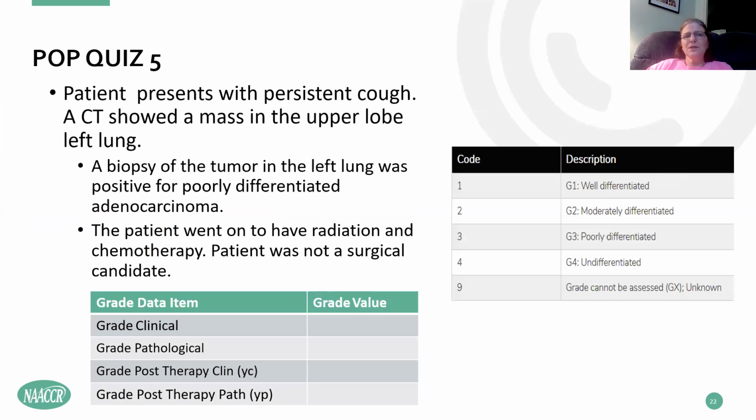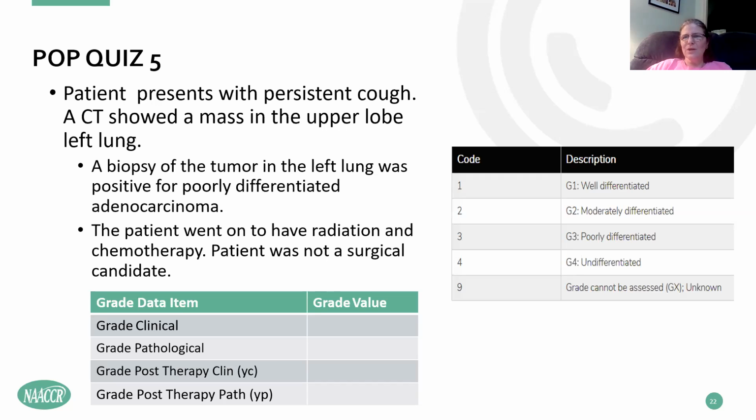So patient presents with a persistent cough. A CT showed a mass in the upper lobe left lung. A biopsy of the tumor in the left lung was positive for poorly differentiated adenocarcinoma. And the patient went on to have radiation and chemotherapy because they were not a surgical candidate.